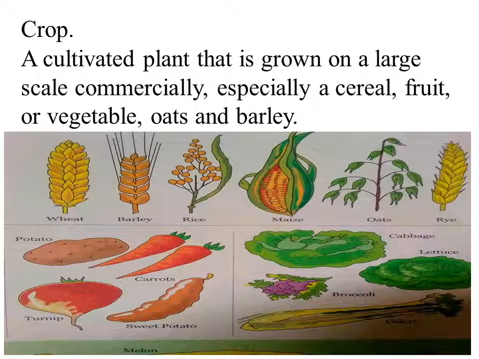Sometimes we grow wheat, sometimes sunflower, sometimes different other vegetables on a large scale. Then those plants, those vegetables, cereals, that rice or that wheat are not called plants only. They are called crops. Got it? What is a crop? Similar types of plants grown on a large scale for commercial purposes are called crops.